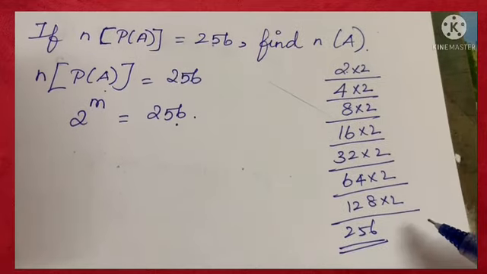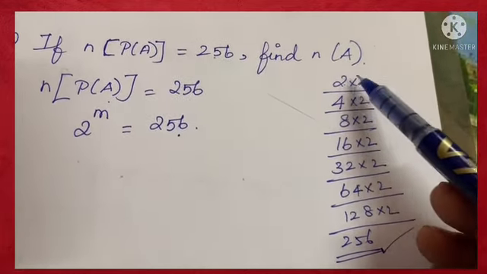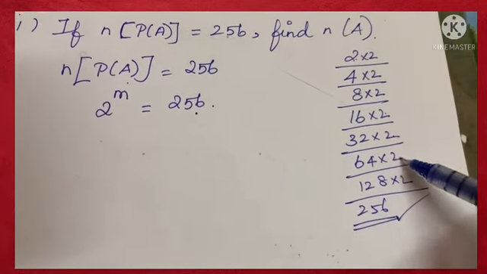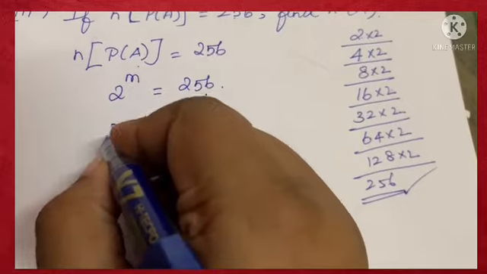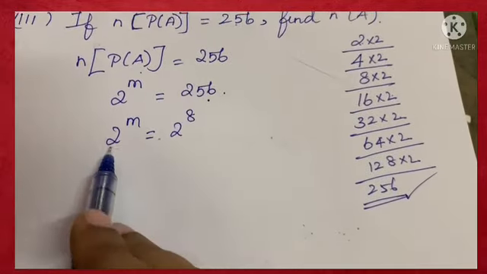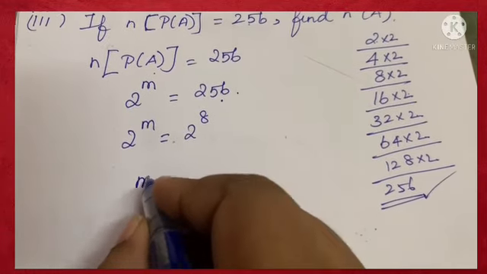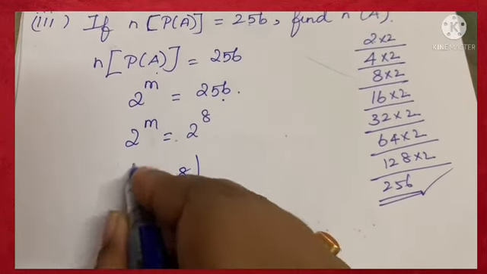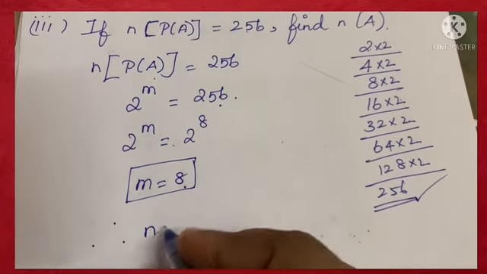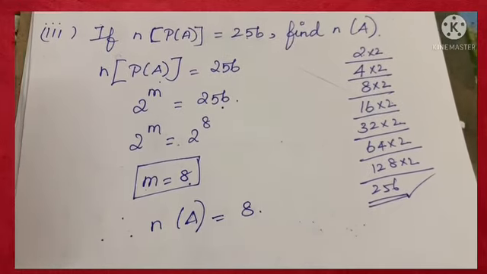Okay, now how many 2s we used to get this 256? 1, 2, 3, 4, 5, 6, 7, 8. So 2 power m is equal to 2 power 8. Can you see the bases are same? It means the powers are also going to be same, that is equal. So m is 8. It means n of A is also equal to 8.